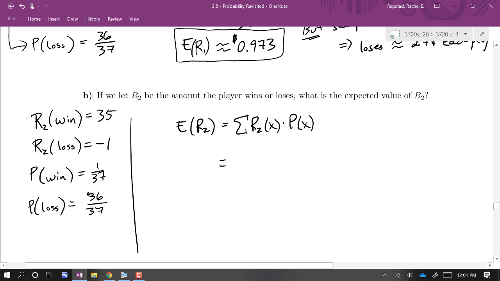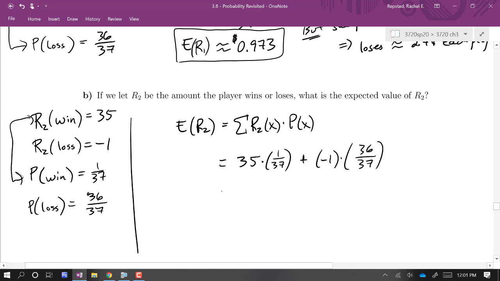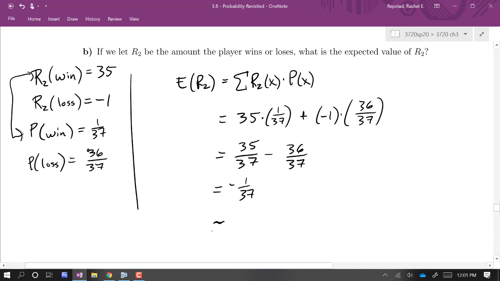So that is 35 times 1 out of 37 plus -1 times 36 out of 37. So 35 out of 37 minus 36 out of 37 is -1 out of 37, which is approximately -0.027. So this already accounts for the fact that she paid $1, and we get that same overall interpretation that we got from the last one.